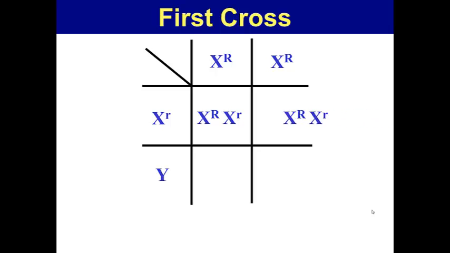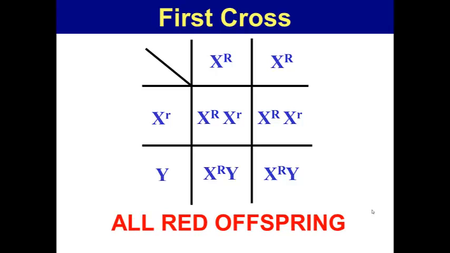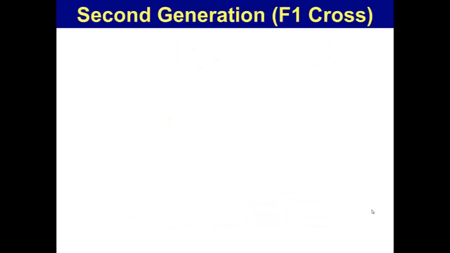When you do these crosses, you get 4 offspring produced. The 2 females produced are heterozygous for the red-eyed allele. The 2 males are red-eyed. All of your offspring are red-eyed. That's their phenotype.